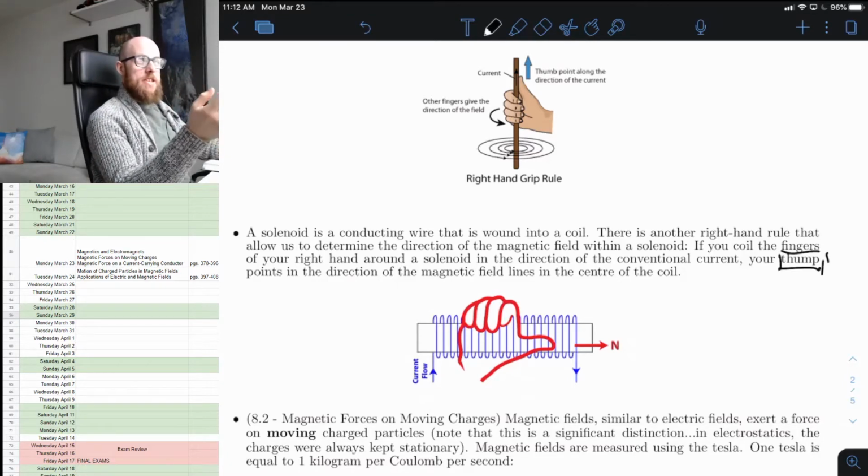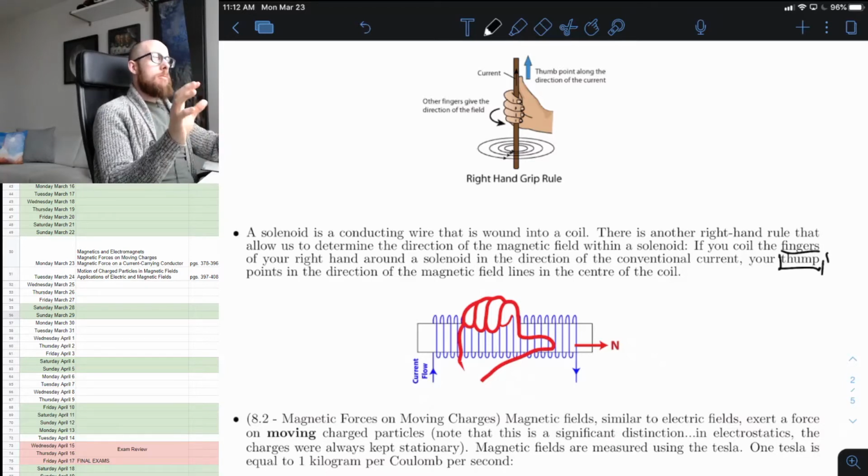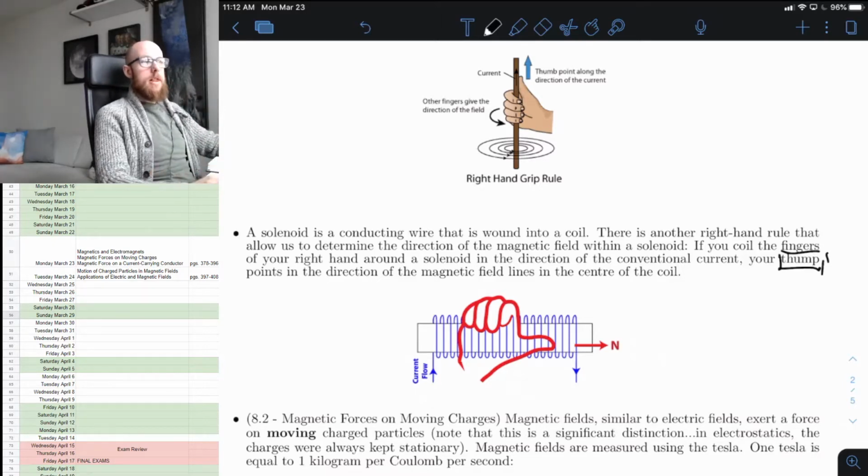Yeah, so this is specifically the right-hand rule for a coiled wire, right? So a solenoid, okay? And that should all be review of grade 11. So 8.1 is kind of just let's get back into magnetism because it's been a while, right? So my recommendation, if you're still kind of unsure about magnetism, maybe read through 8.1 or check through your old notes from grade 11.